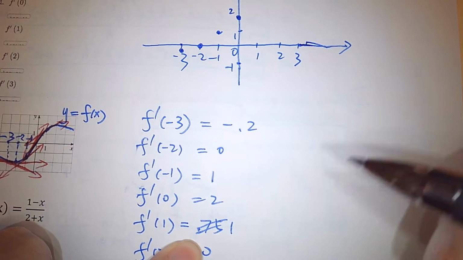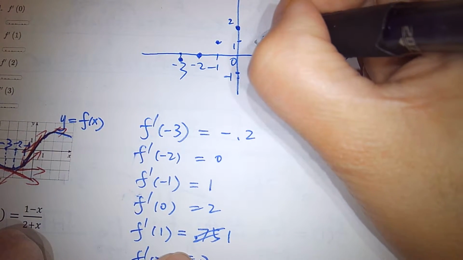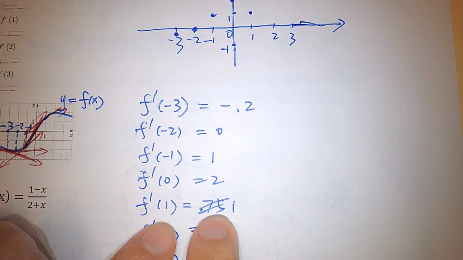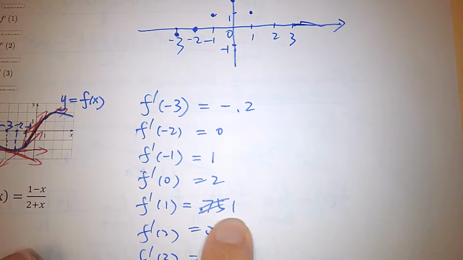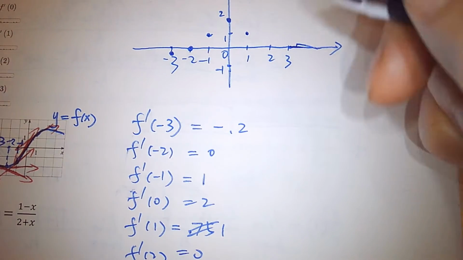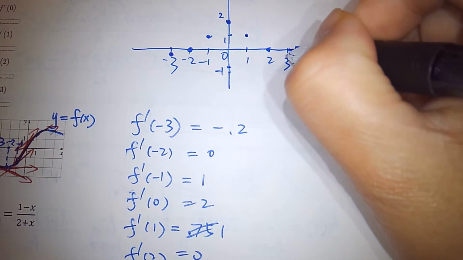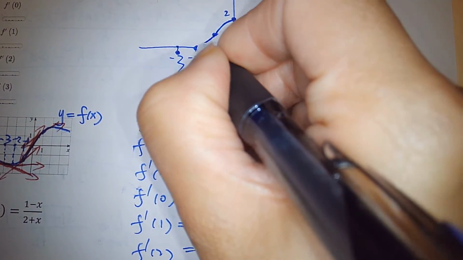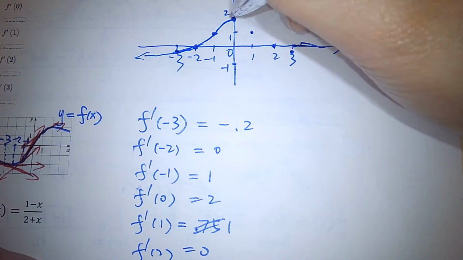How are the slopes of the derivative at negative 1 and at 1 different? It should be the same, because this is a guessing estimation from Simon. It is 1. And then f prime of 2 is 0, and then negative 0.2. So if we draw the picture, it's a bell-shaped symmetric curve.